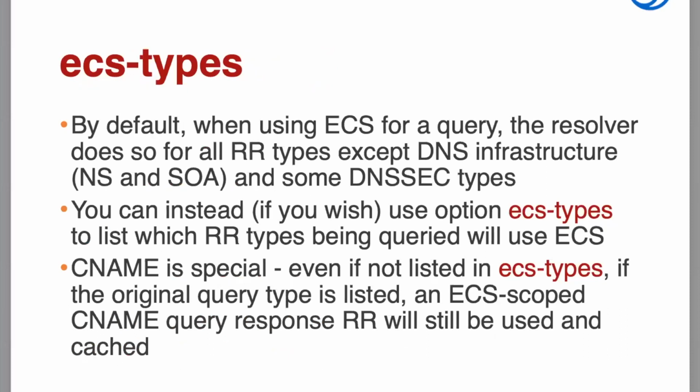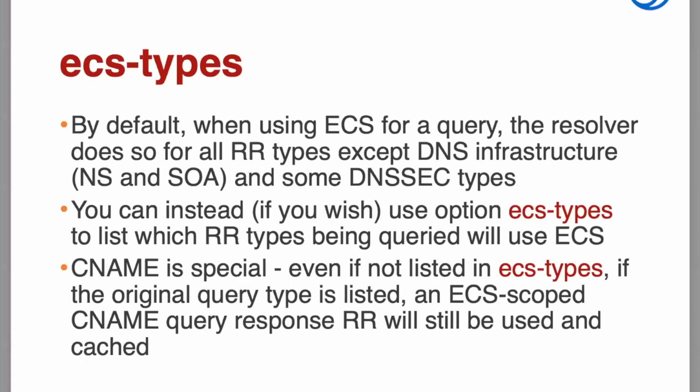And I did touch on this as well. I mentioned it in passing. Ordinarily, when the resolver is adding ECS options for a query that it's sending to authoritative servers, it will add it for all record types that it makes sense to add them for.